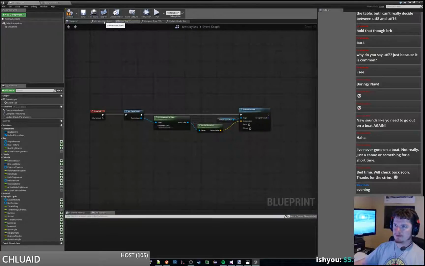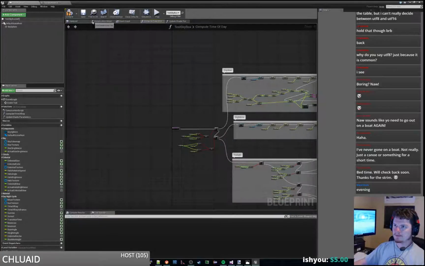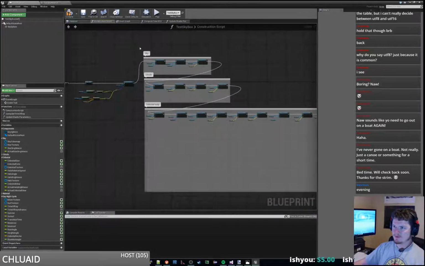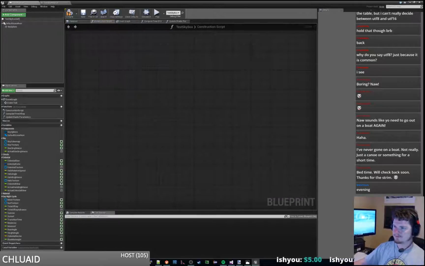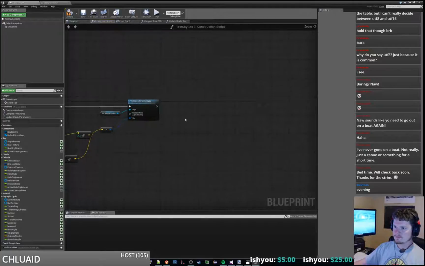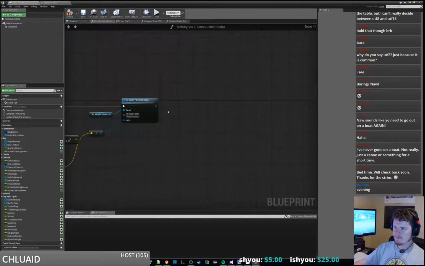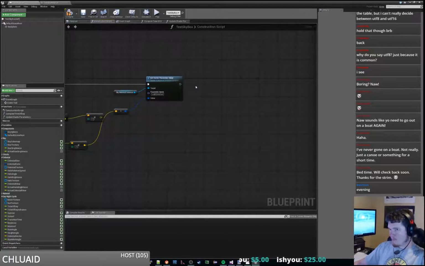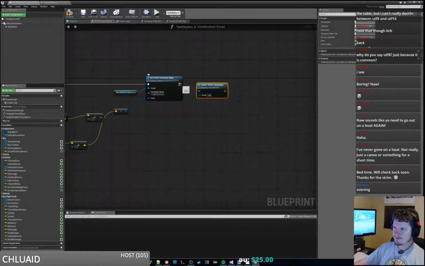Go to our construction script, delete all this stuff. I mean, we probably don't have to set everything, but we'll see. And we're going to call our update shader parameters.